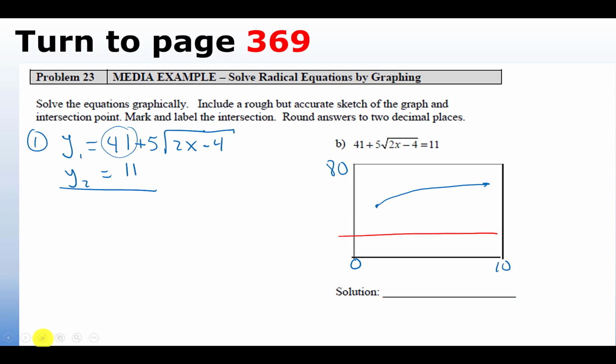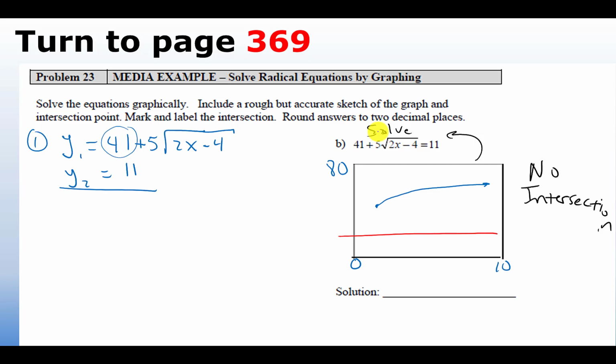What's happening? Well, when we look at the graph, there is no intersection. Now we're using the graph to help us solve this. We're trying to solve an equation, but if there's no intersection, it's trying to tell us something about the equation.